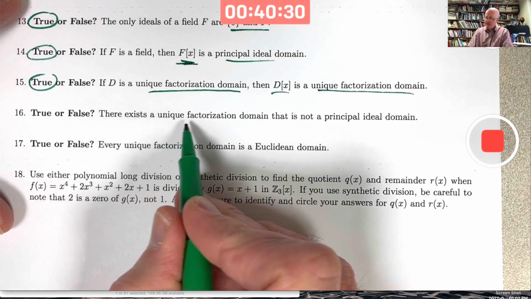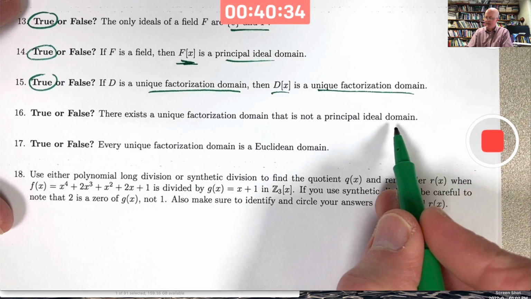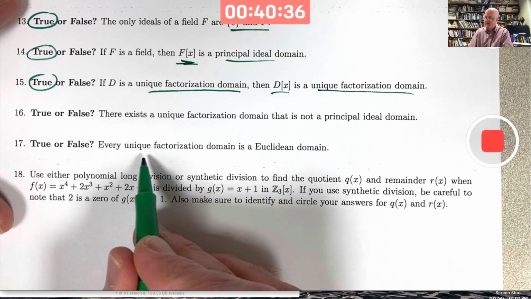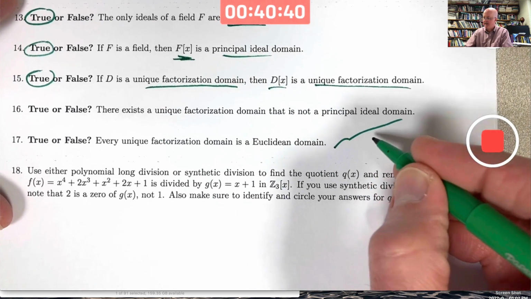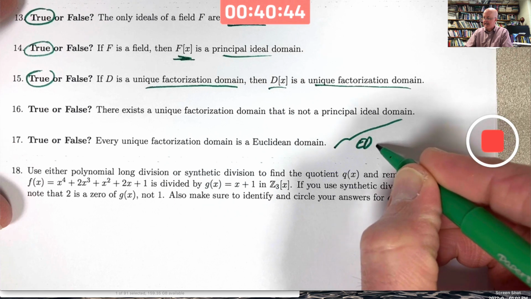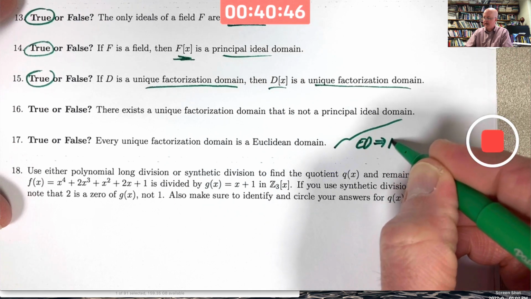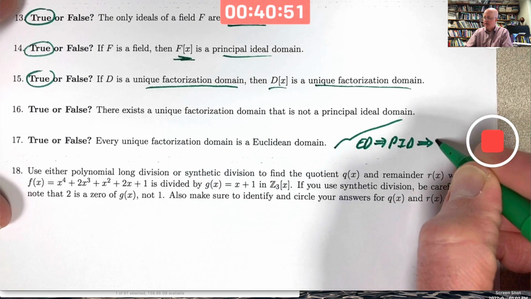16. There exists a unique factorization domain that is not a principal ideal domain. And 17 is related. Every unique factorization domain is a Euclidean domain. Okay, these two problems are related to the fact that every Euclidean domain, ED, is a principal ideal domain, PID, and every PID is a UFD.